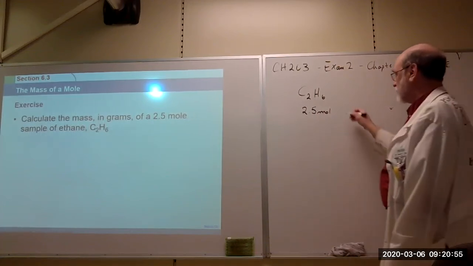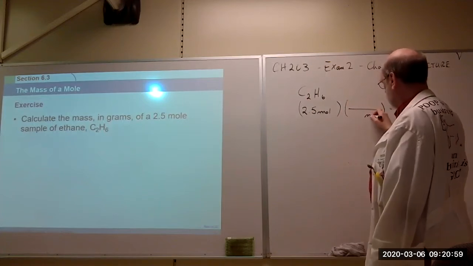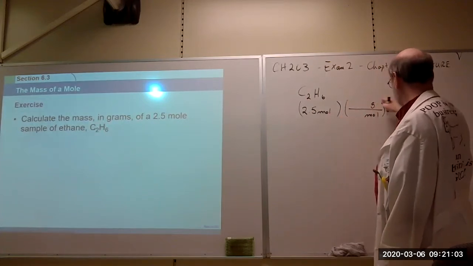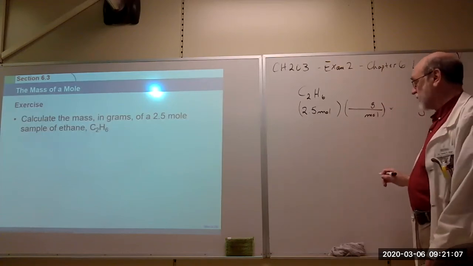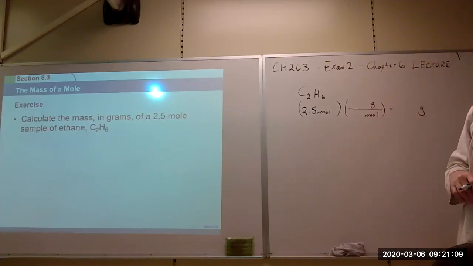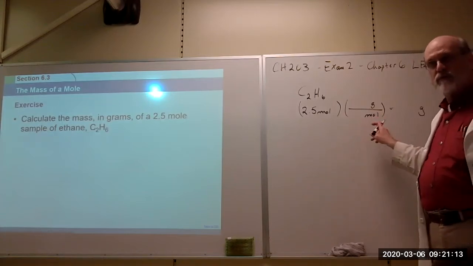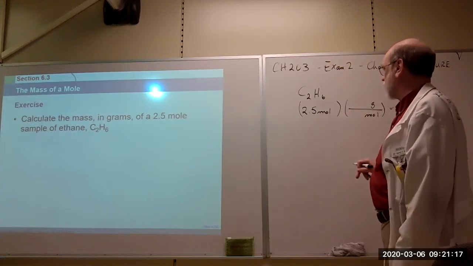Okay. So we need a conversion factor that will cancel moles here and leave us with grams there. So there's our conversion factor. Whenever you see grams and moles as a quotient, think molar mass.